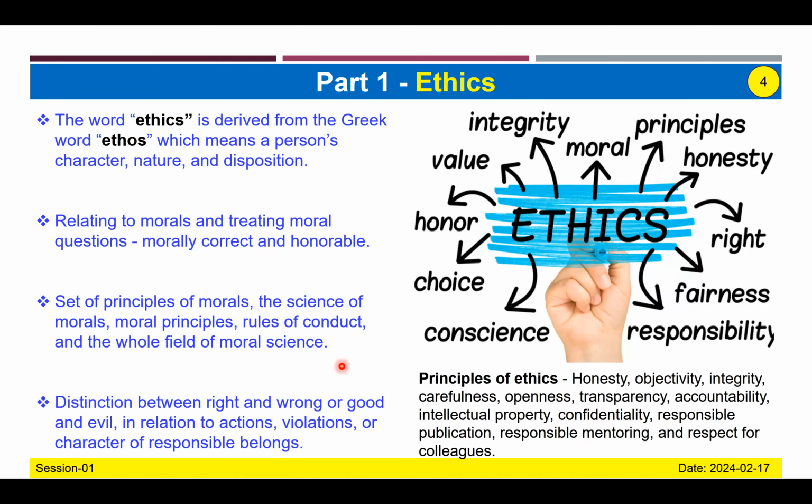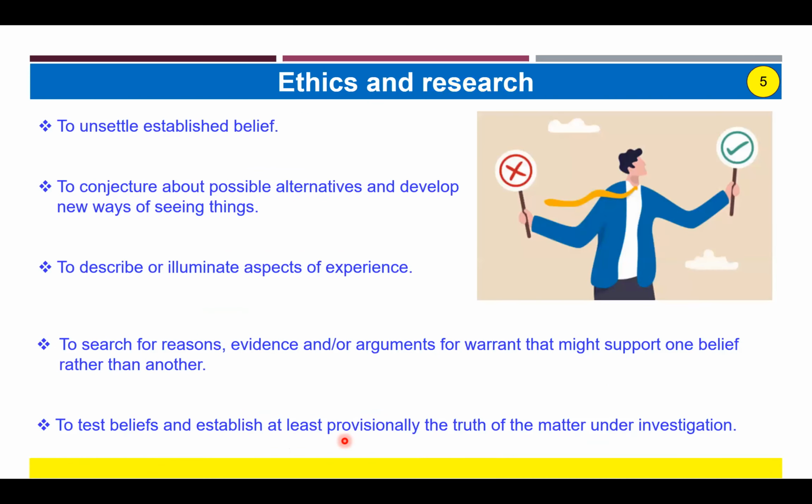This basically helps distinguish between right and wrong, or good and bad, in relation to actions, violations, or the character of the responsible persons. Here you are going to apply these things to the research components.